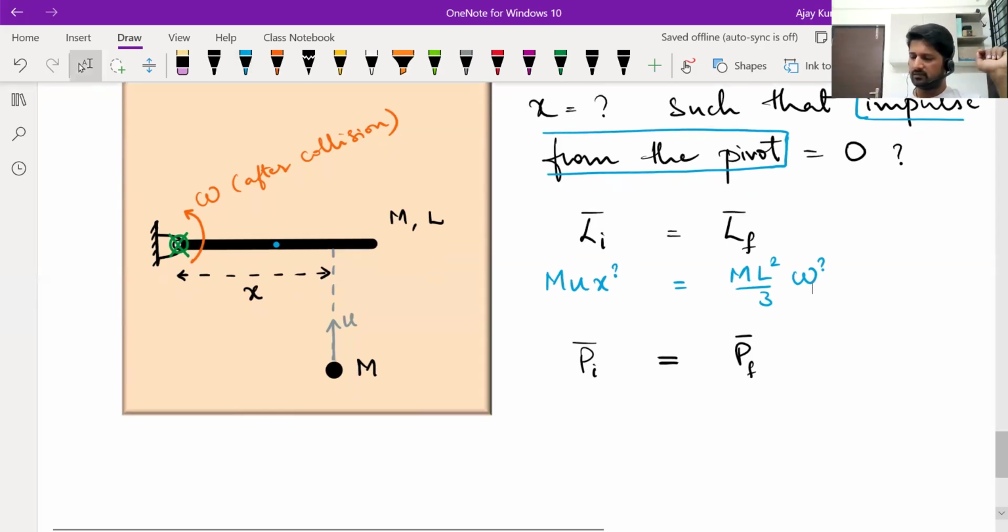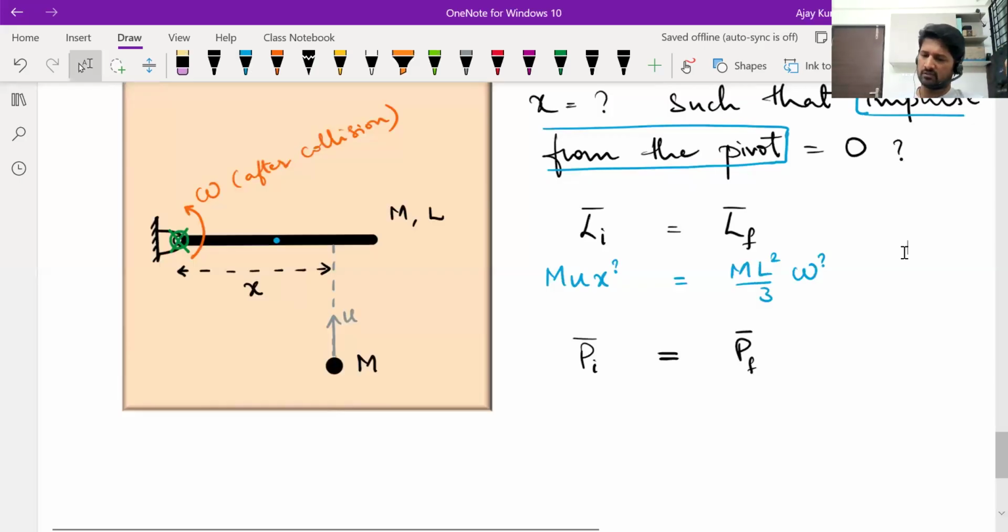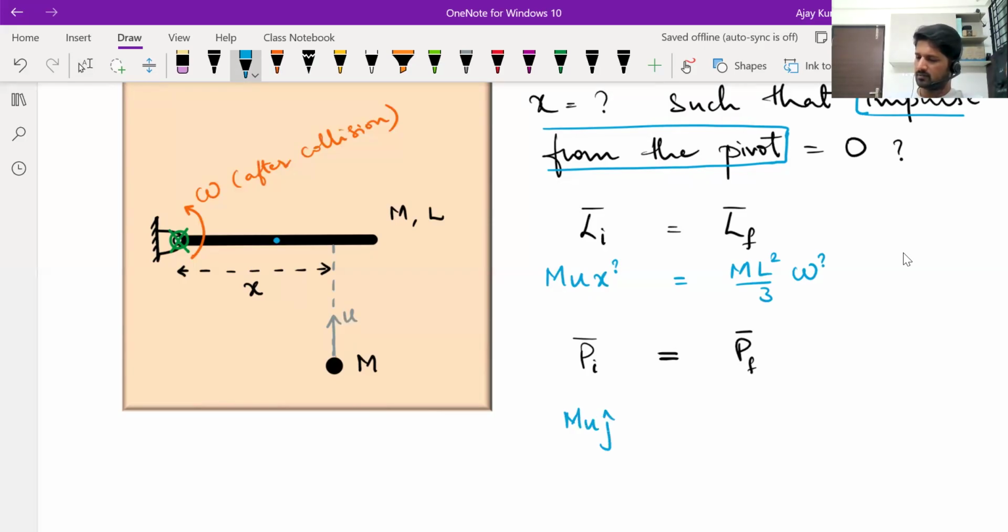Let's see. Vanilla, how much is the linear momentum before collision? MU j cap. Yusuf, how much is linear momentum after collision? After collision, particle stops, rod rotates. So for a rotating system, how do you write linear momentum?